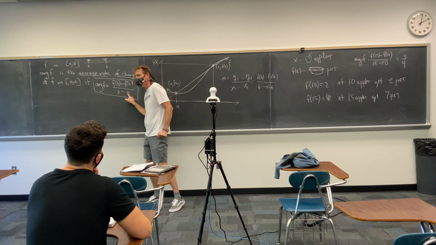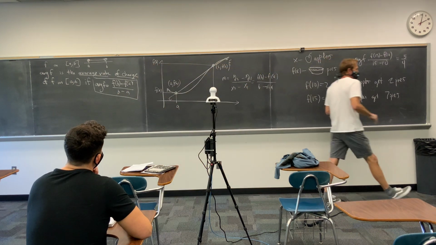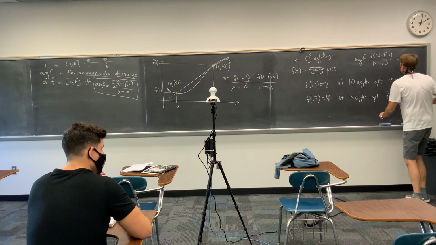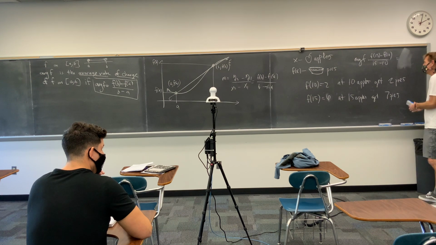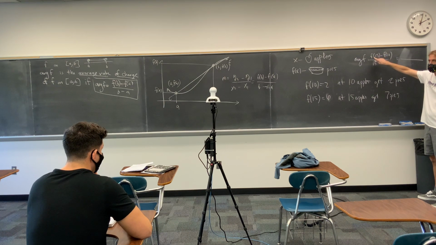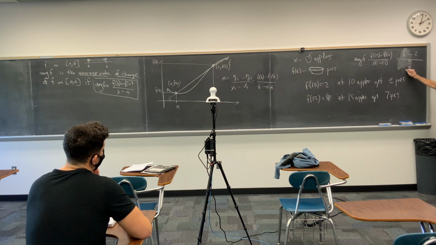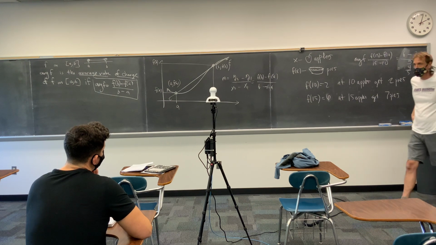So f of 15 is 6, f of 10 is 2, and 15 minus 10 is 5. So this would not be 5 over 4, but 4 over 5. How many people are understanding that?